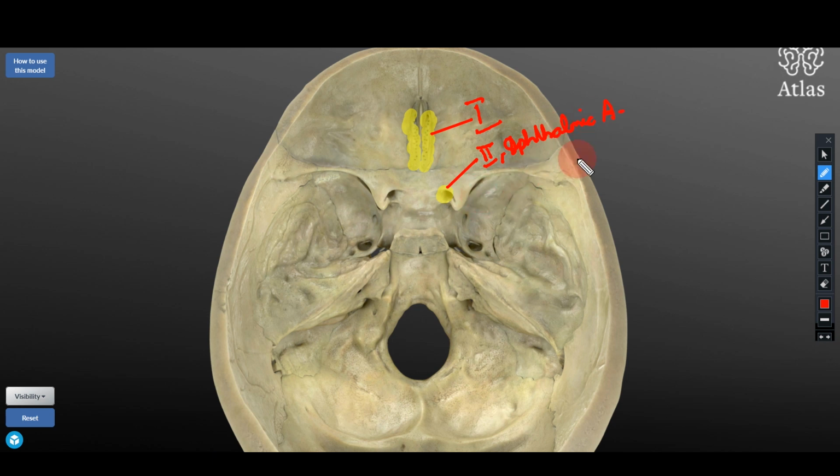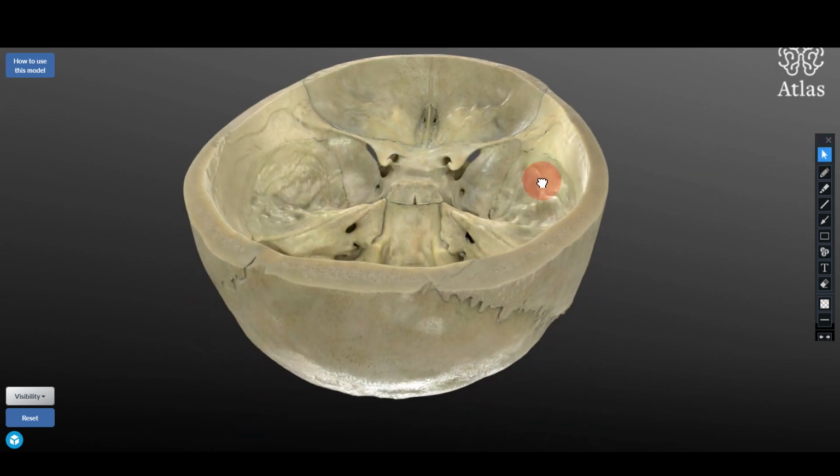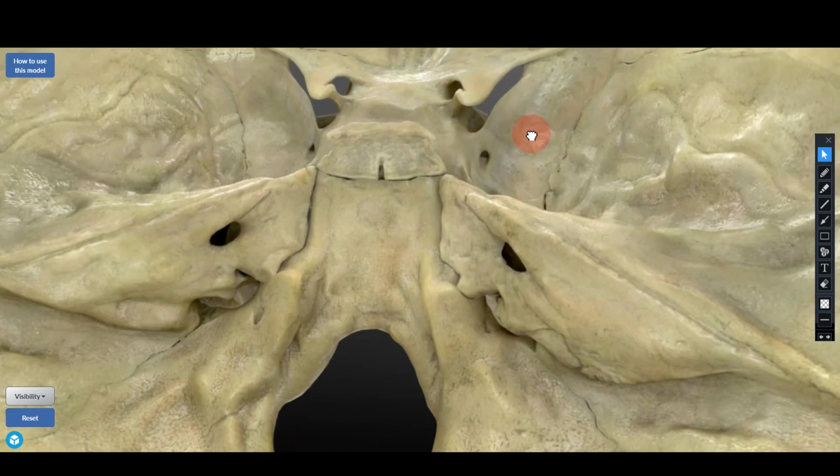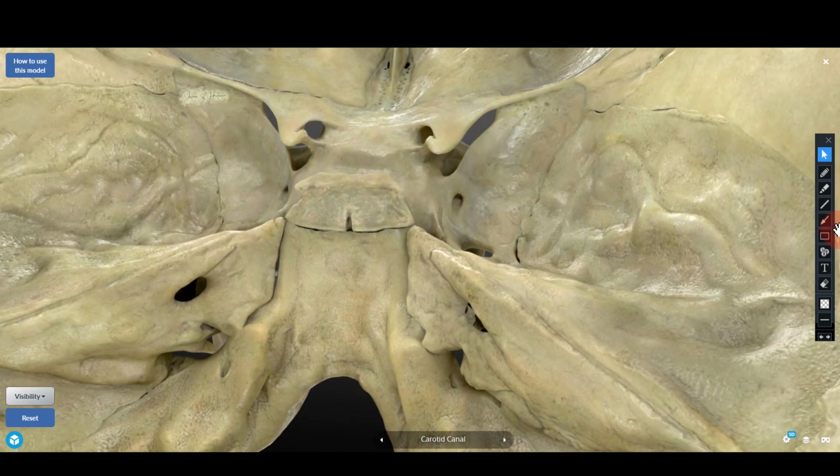Now, the next foramen that you need to know is actually not technically a foramen again. To understand that, we are going to slightly tilt this model, and you can see this long deficiency, and that is the superior orbital fissure.